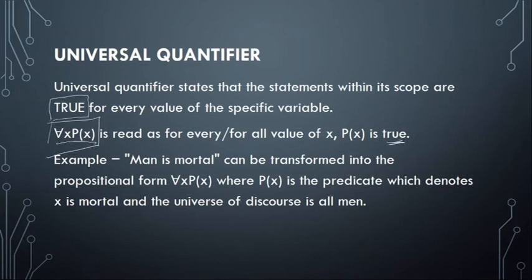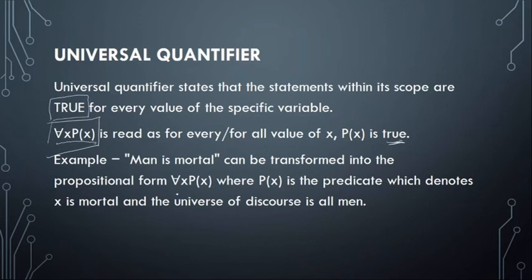Let's take an example: man is mortal. Man is mortal can be transformed into a propositional form: for all x, P of x, where P(x) is the predicate which denotes x is mortal, and the universe of discourse is all men, or the domain is all men.